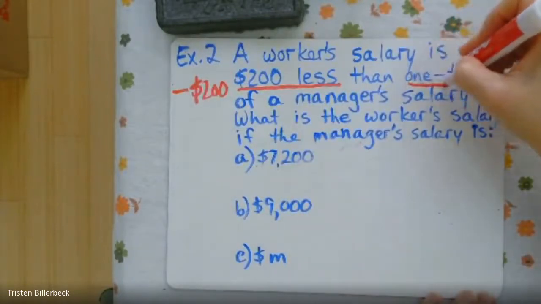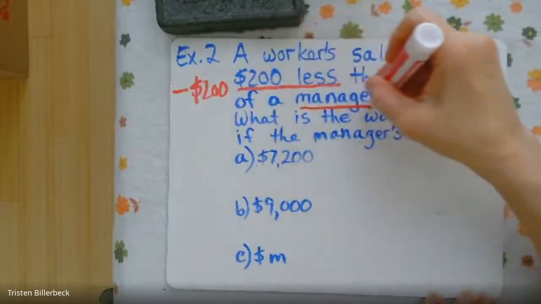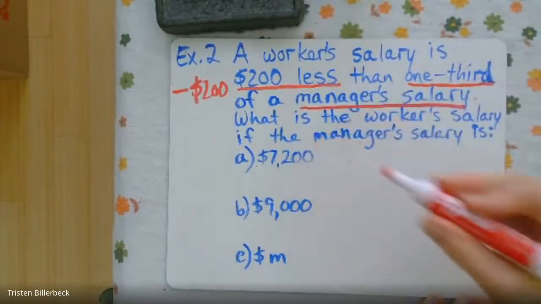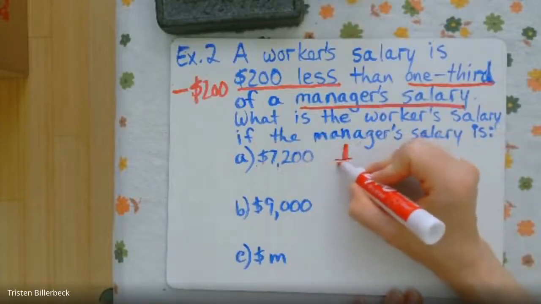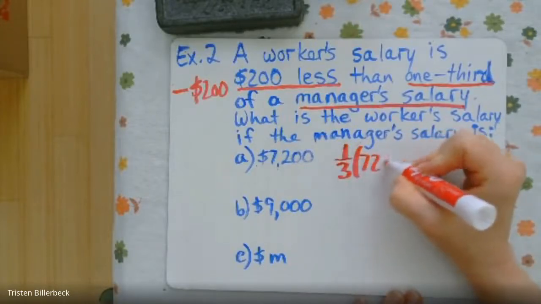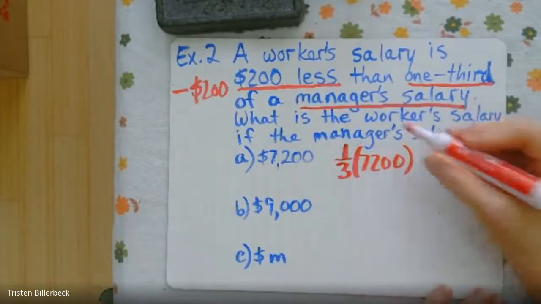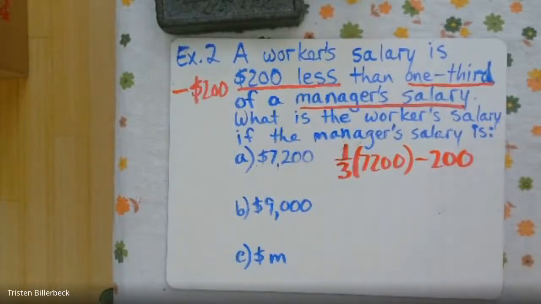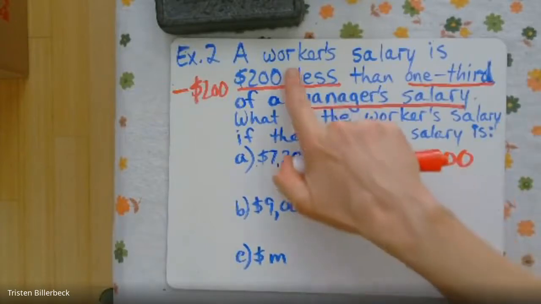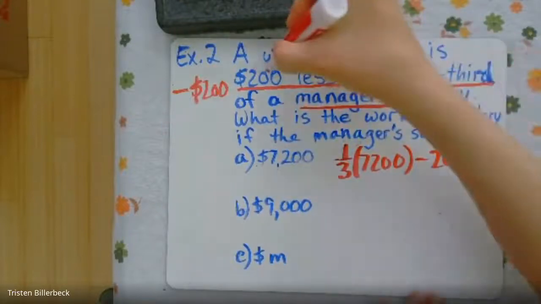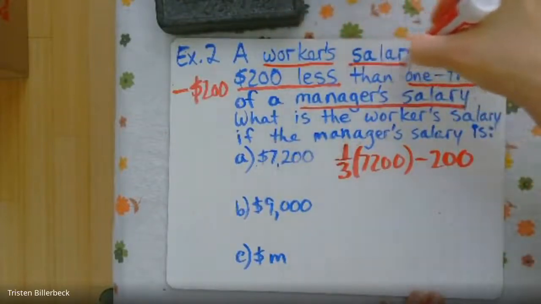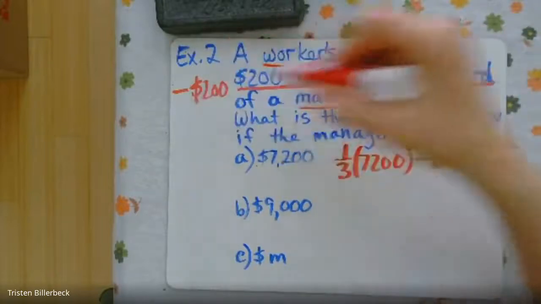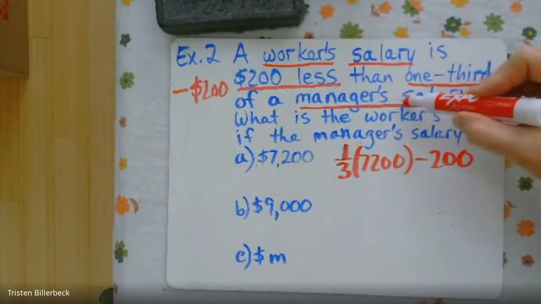Then it's 1/3 of the manager's salary. Well, if this is the manager's salary, we're going to write 1/3 of 7,200 and then minus 200. So now we can figure out how much the worker is making, because the worker's salary is 200 less than 1/3 of the manager's salary.